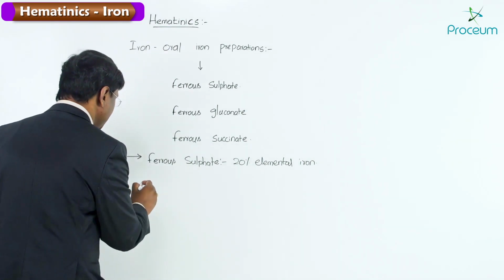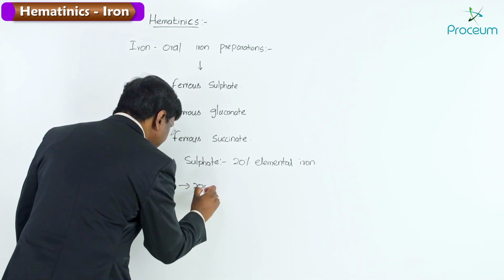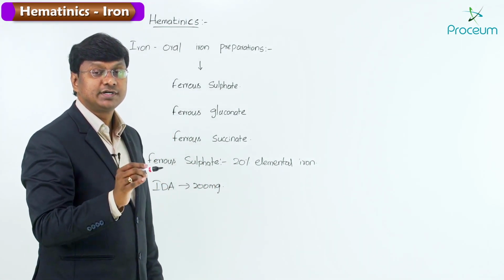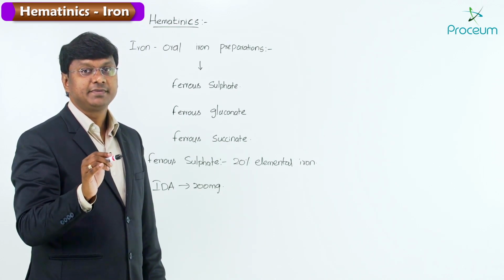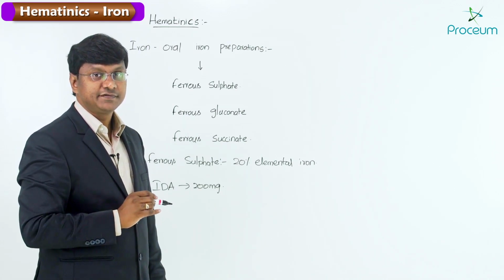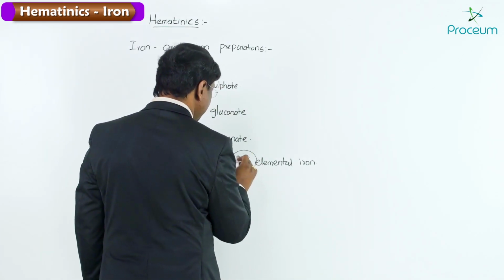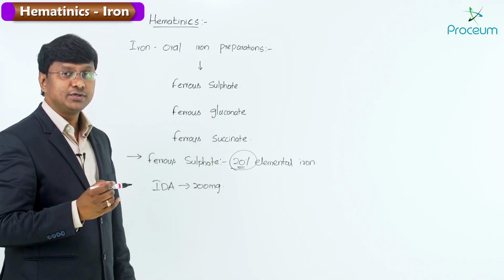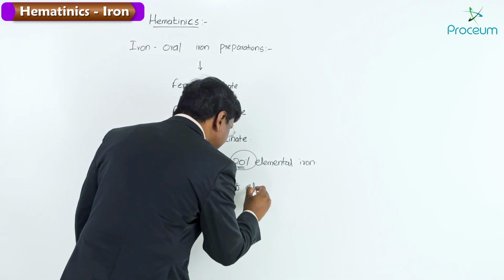For the treatment of iron deficiency anemia, how much elemental iron is required? You require almost 200 milligrams of elemental iron daily, and this can be obtained by giving 1000 milligrams of the ferrous sulfate, because in ferrous sulfate how much is the elemental iron? It is only 20%. And how much is the recommended dose of the elemental iron? 200 milligrams of elemental iron is required.